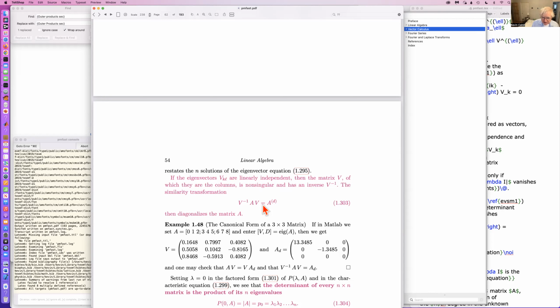If they are linearly independent, then the matrix is non-singular and can be diagonalized by a matrix consisting of its eigenvectors.